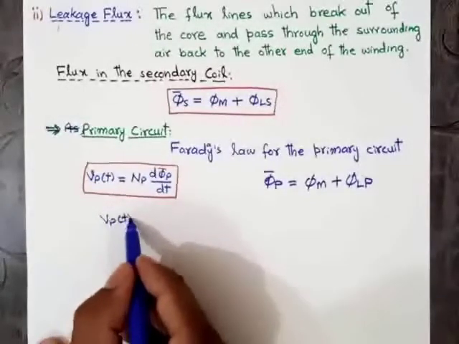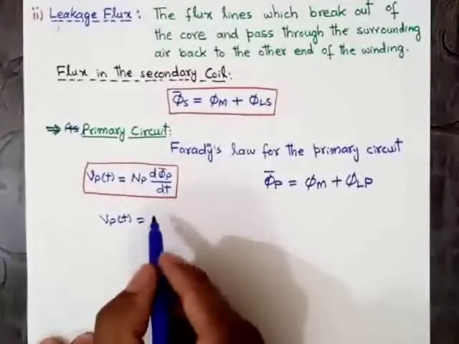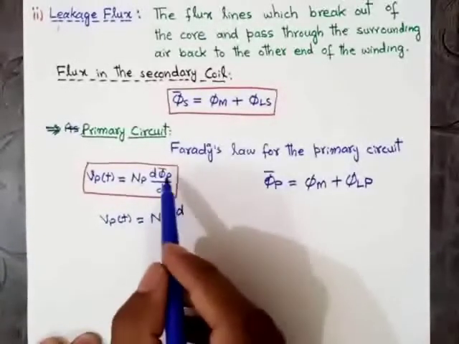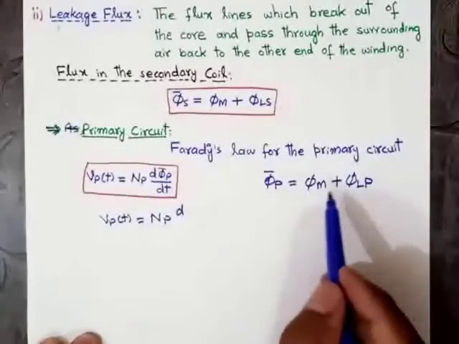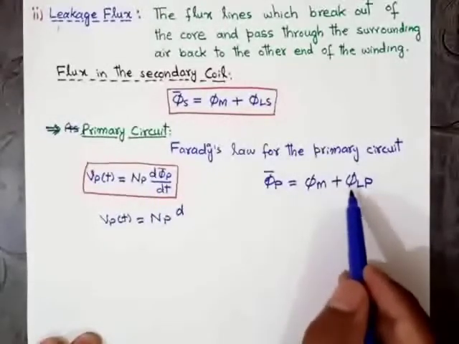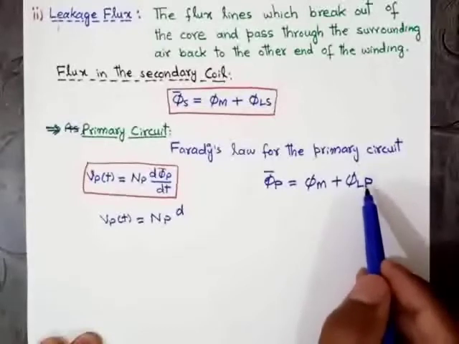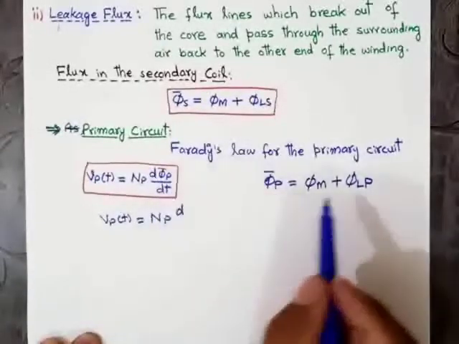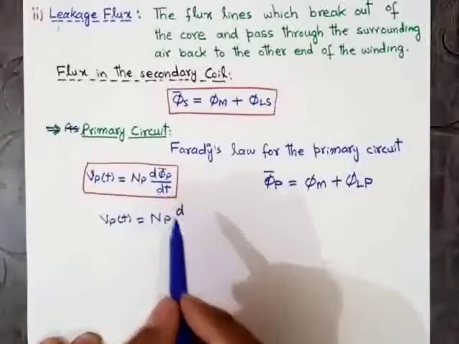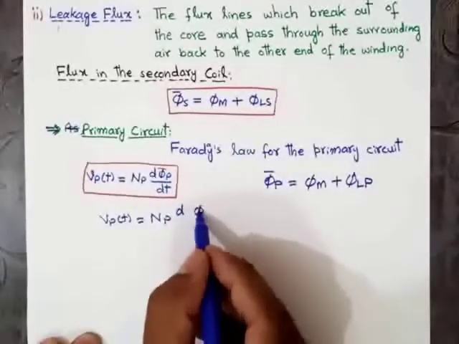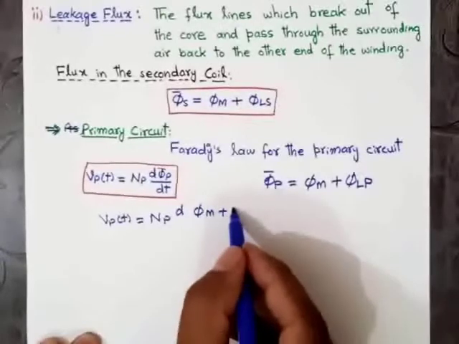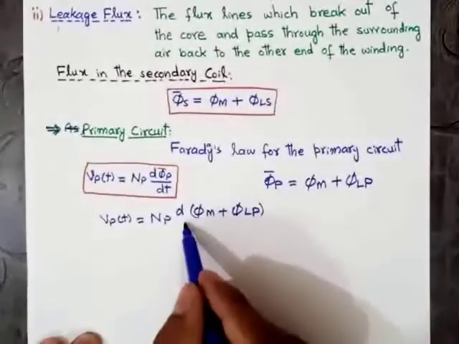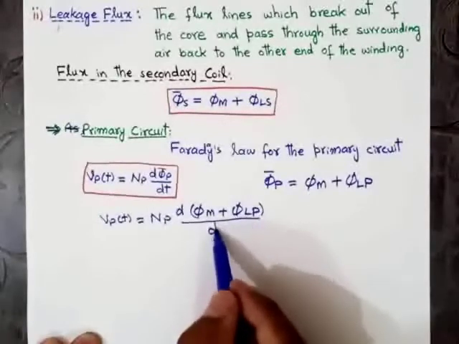Putting the value of average flux in this equation, we get Vp, meaning the primary circuit, is equal to Np times d over dt of phi p dash, where phi p dash is equal to the mutual flux plus the leakage flux across the primary circuit.